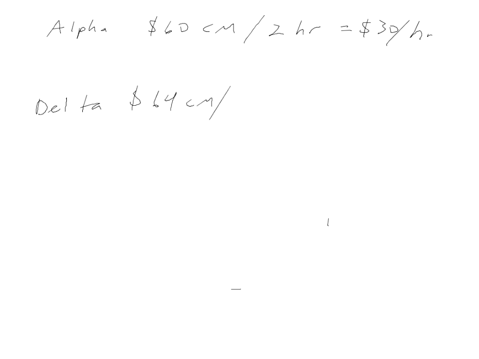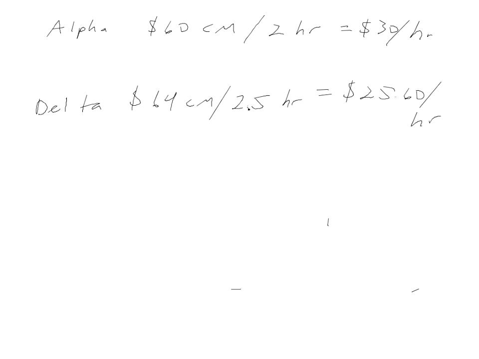And at first glance, that looks like a good thing, but let's go ahead and finish our calculations. It takes 2.5 hours to make a delta. So if you do 64 divided by 2.5, that actually is only $25.60 per hour.